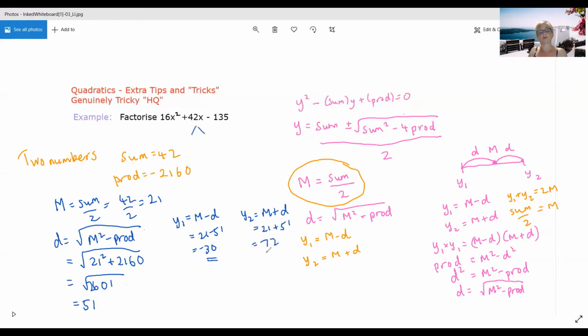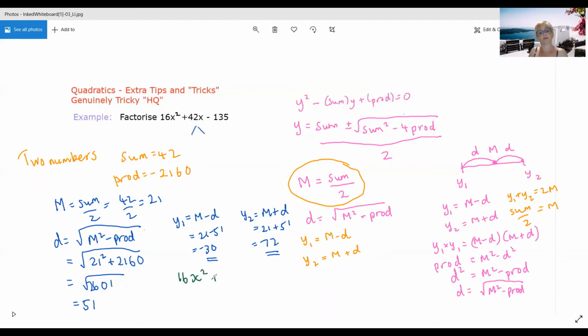You should be able to reassure yourselves that those two numbers add to give 42 and they multiply to give negative 2,160. Now we're finally ready to factorise this tricky quadratic by splitting up that middle term. It doesn't matter whether you write 42x as negative 30x plus 72x or 72x minus 30x. It really doesn't matter. So let's do it here.